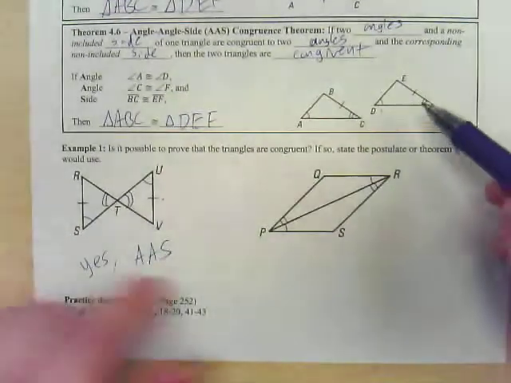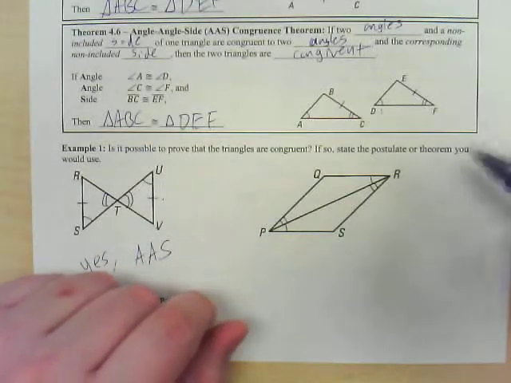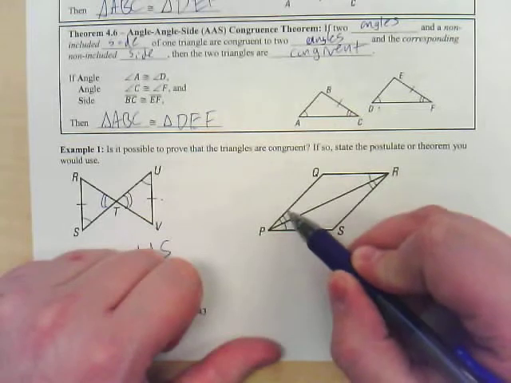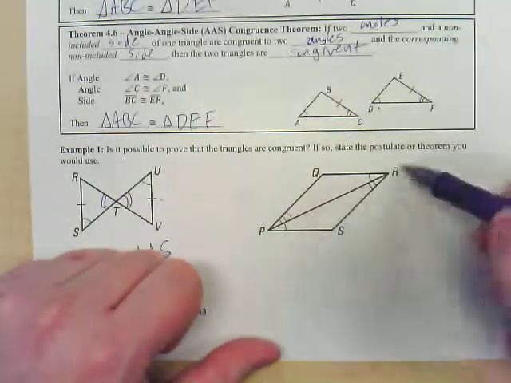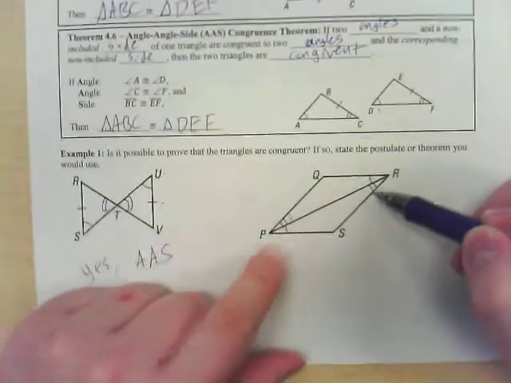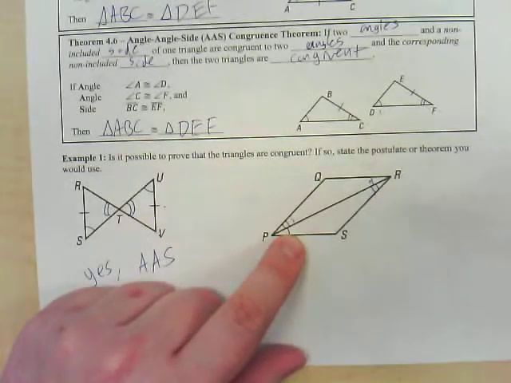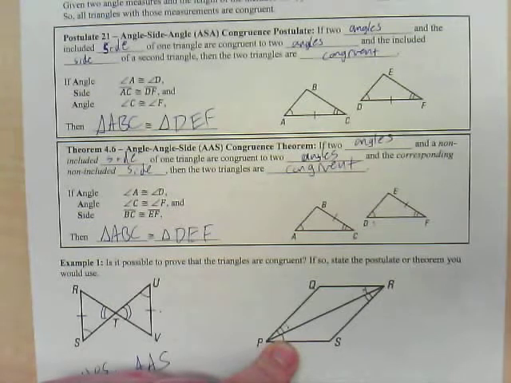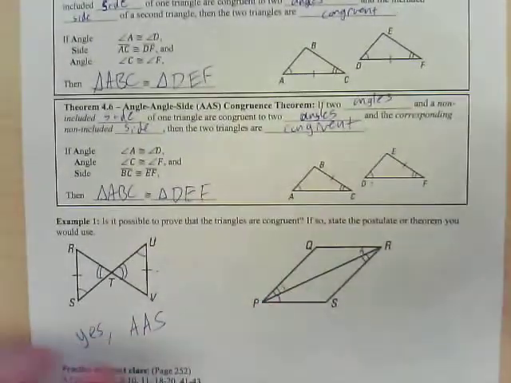On the right side, we've got two triangles joined together, and we're told that angle QPR, so that's this angle here, is congruent to angle PRS, that's this angle here, and then similarly with these two angles here, these are congruent to each other. So again, for both of these, we needed two angles and a side. Here we only have two angles.